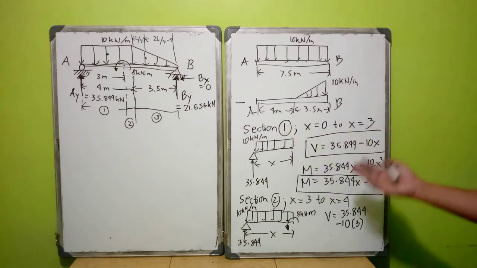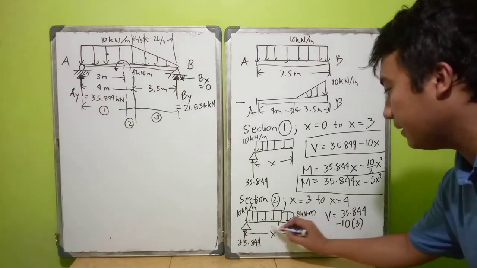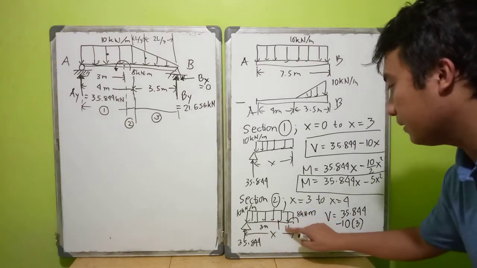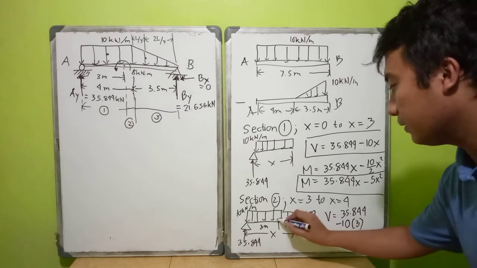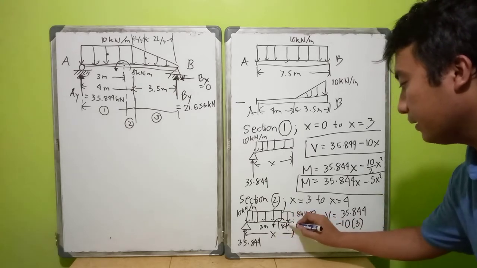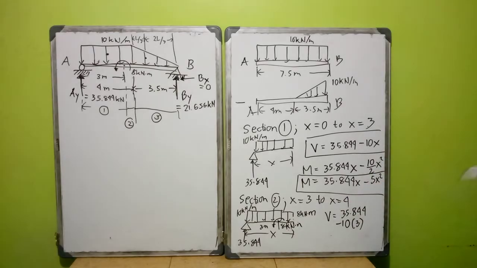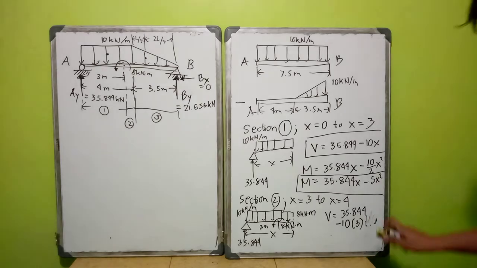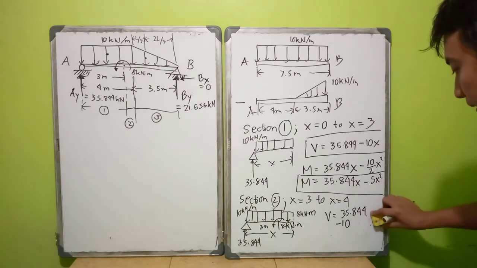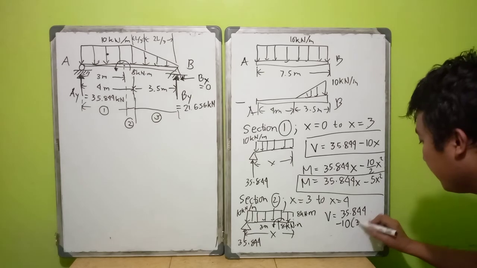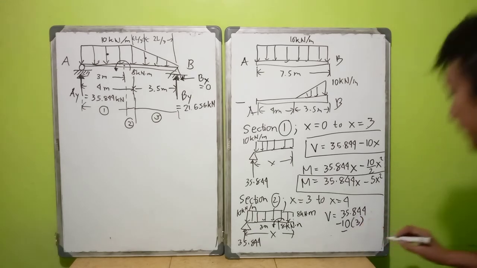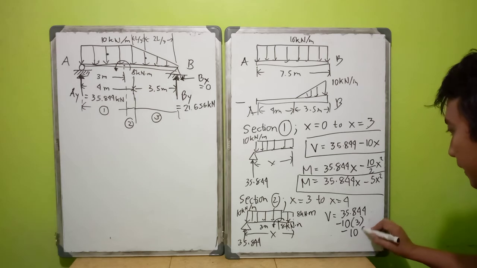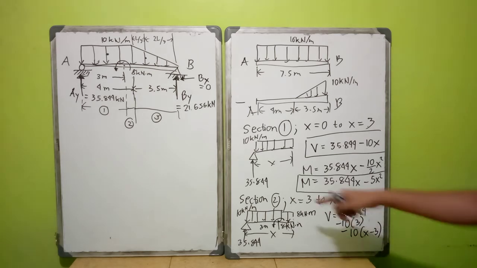So, all over the length of section 1, up here, 3 meters, okay? So, 10 minus 3... Sorry, it should be minus 10 times 3, minus 10 times x minus 3, okay?